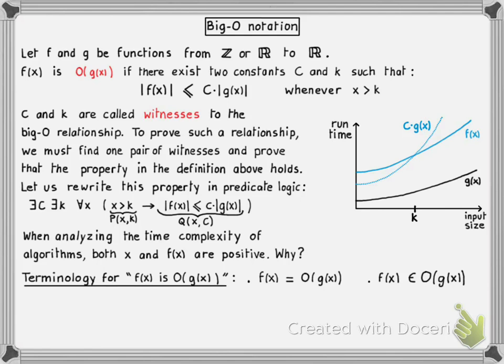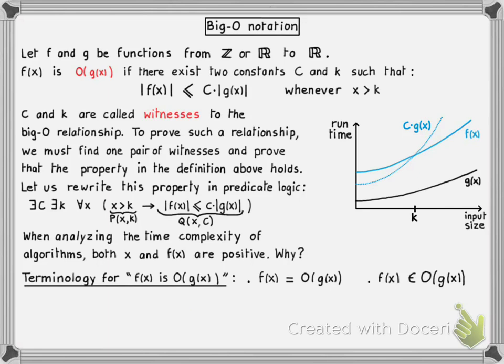Now this makes more sense because if you think of big O of g of x as the class or the set of all functions that have that property, then it makes sense to say that since f of x has that property, it is a member of the set of all the functions that are big O of g of x.